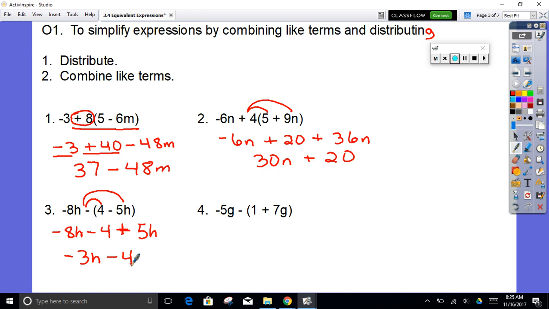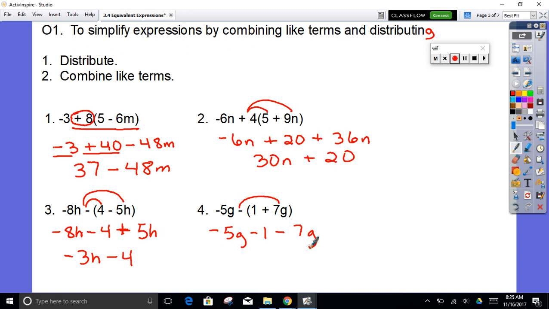Elena, try number 4. So first, negative 5g. And minus 1, good. No, we want to distribute the negative sign, so we have minus a positive, which is just minus 7. Minus 7g.